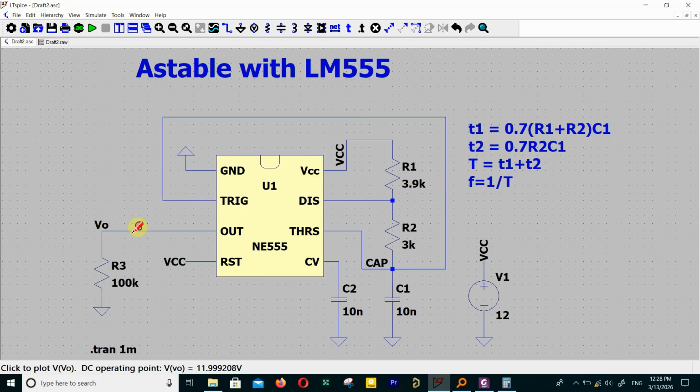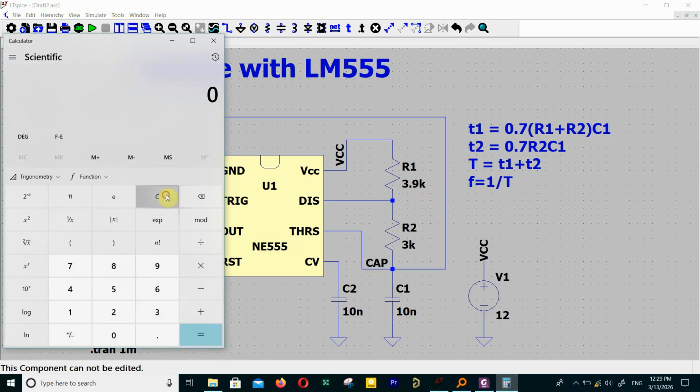This is the output pin, Vout, and before we see the output waveform, let me give you a sense of what these values are. For T1, 0.7 times (R1 plus R2) is going to be 6.9 times C1, which is 10. Okay, so this is the value, and what is the unit?